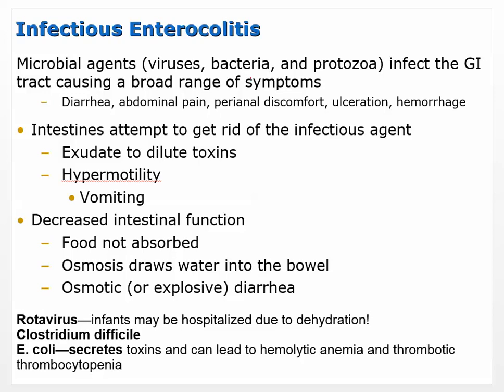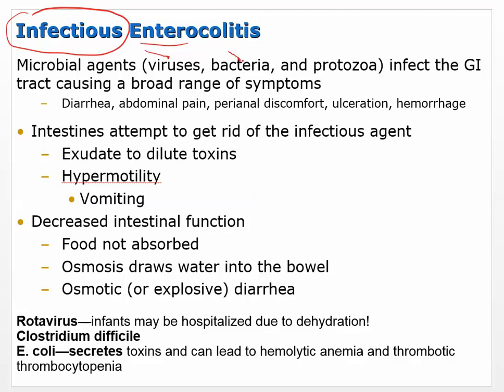Okay, so infectious enterocolitis. So entero tends to be more associated with the small intestine. So microbial agents, viruses, it's infectious. Viruses, bacteria, protozoa infect the GI tract, causing a broad range of symptoms. Diarrhea, broad range, it's always diarrhea.